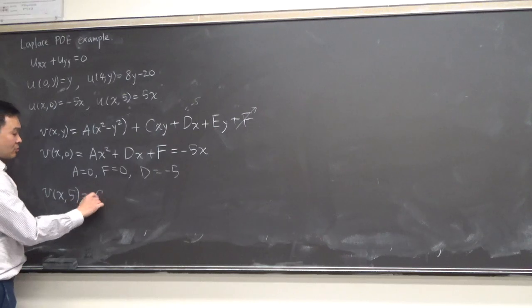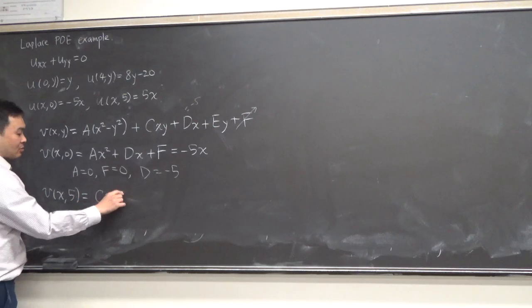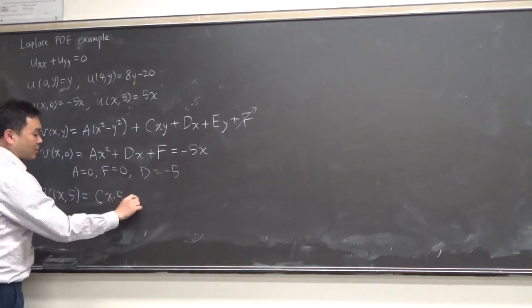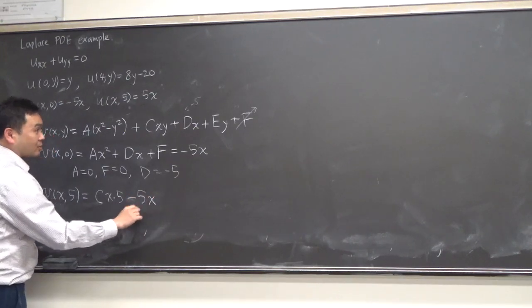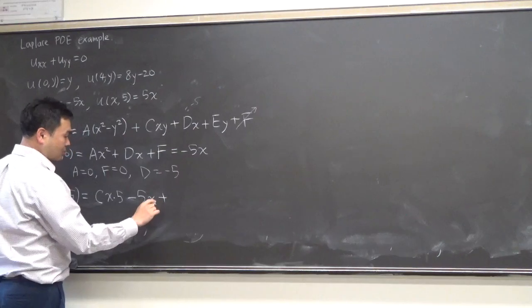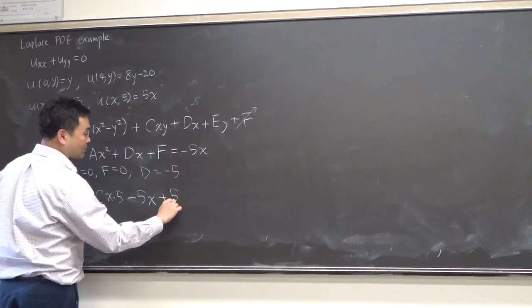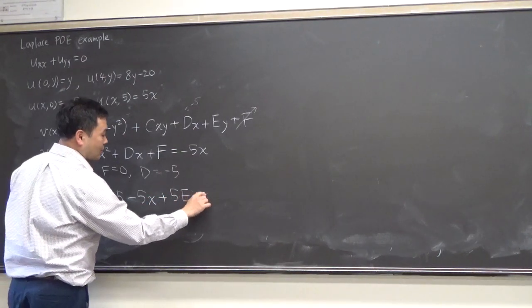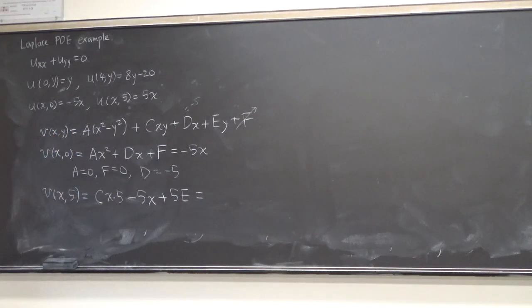So we have c x times 5 minus 5x, and then plus 5e, and that has to equal to 5x.